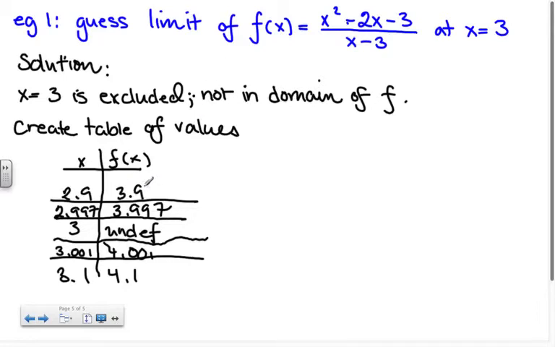Now, as I can tell here, as I can see, the number is approaching 4, because it gets really, really close to 4 here, and it's just slightly above it there.